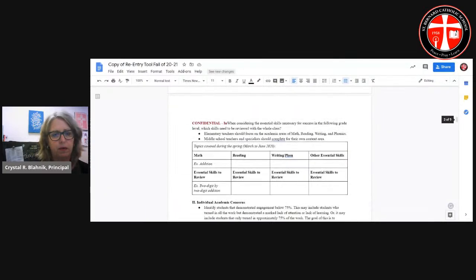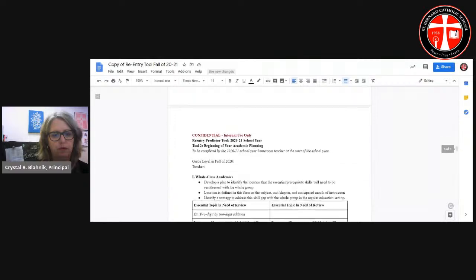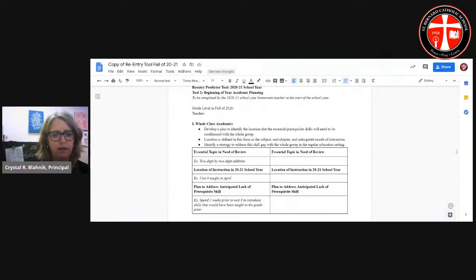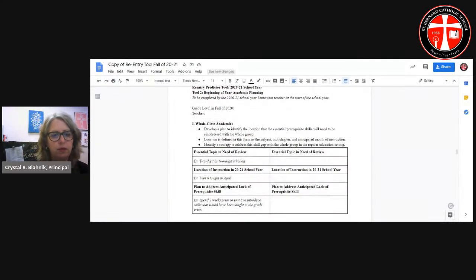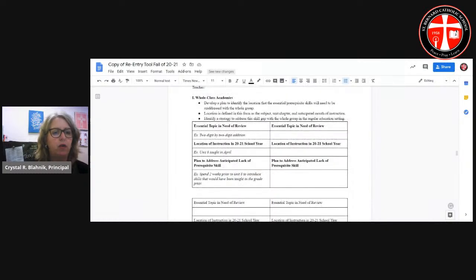Okay, so we are going to get down to tool 2, which is right here, and it is on page 5 of the packet. So starting with tool 2, just follow along with it, and you don't even have to fill this out. I just want you to have a conversation, whole class academics.